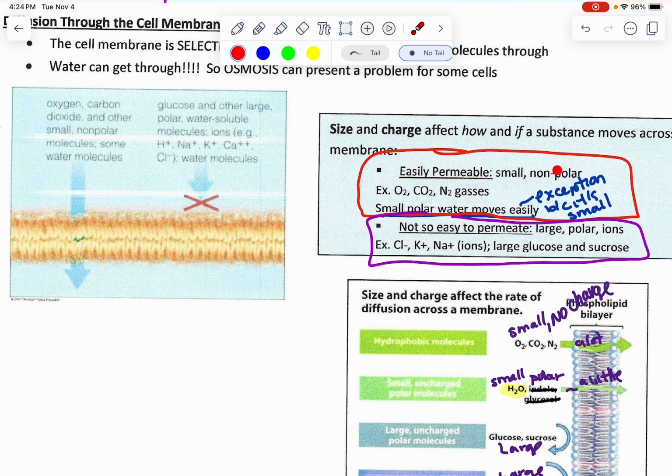Small, nonpolar, meaning no charge, molecules. Examples: gases, oxygen, carbon dioxide, we were just talking about, can cross cell membranes easily. Nitrogen can also. And then small polar molecules like water can also cross.